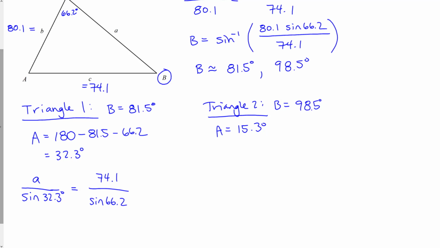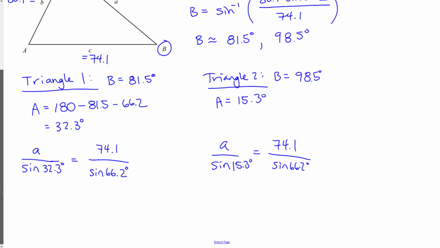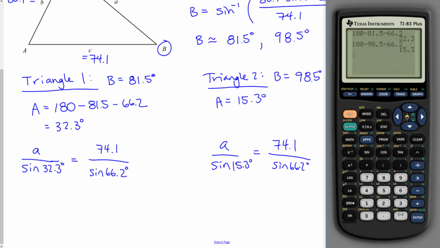Both of those were known originally in the problem, so I'm going to capitalize on that knowledge. Over here, it would look like A divided by the sine of 15.3 equals 74.1 over the sine of 66.2 degrees. And then you just use the calculator to solve each one of those. So just plug them in real quick.